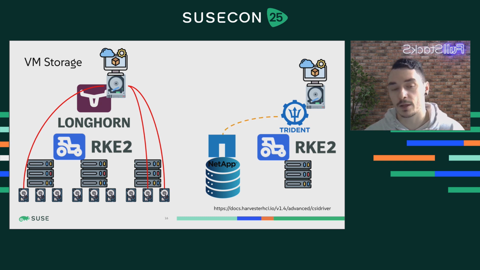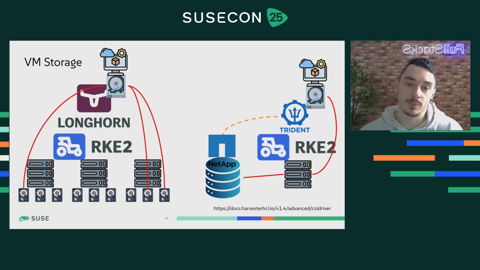And Trident will actually talk to the management interface of NetApp, provide a storage volume according to the required size and quality requirements. And this will be made available via the data interface of the NetApp, physically via the hardware, of course, and then be made available to the virtual machine.